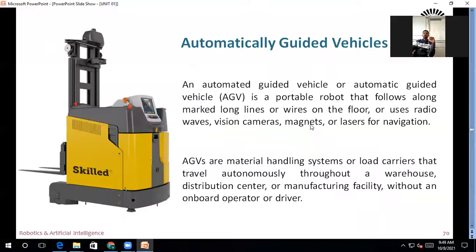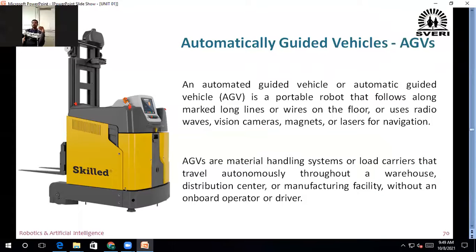Okay, after that we have seen the videos related to that. Okay, next one is we have started the automatically guided vehicles.